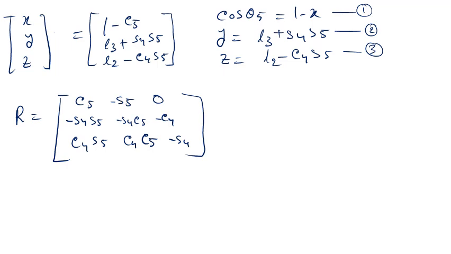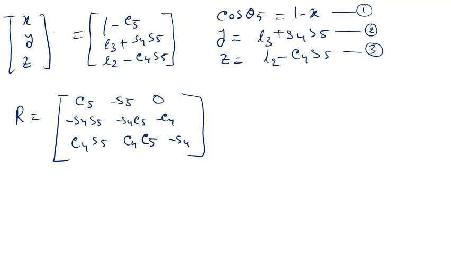So equation 1 will give you the C5 value and the S5 value in all these components. The only unknown is S4. Because S5 and C5 are already fixed, you cannot change them, and the other components can be of your choice, defined to specify a particular orientation of the tool point.